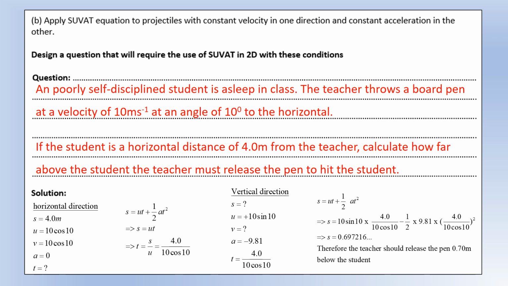So we can use s equals ut plus half at squared, substitute in our values, and we get an expression for s as 0.70, and it's positive, which means the pen hits the student 0.7 meters above where it started. So the teacher needs to release the pen below the part of the student they would particularly want to hit with the pen in order to make it hit them.